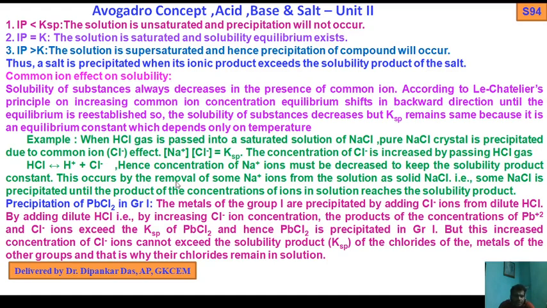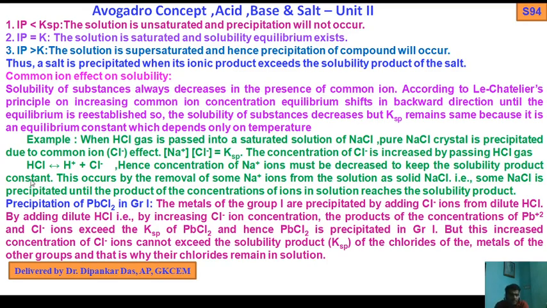This occurs by the removal of some Na+ ions from the solution as solid NaCl, so some NaCl is precipitated until the product of the concentrations of the ions in solution reaches the solubility product. So that is the effect of common ions.